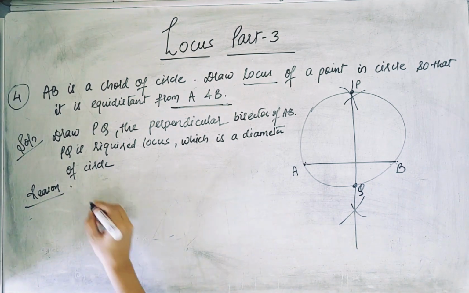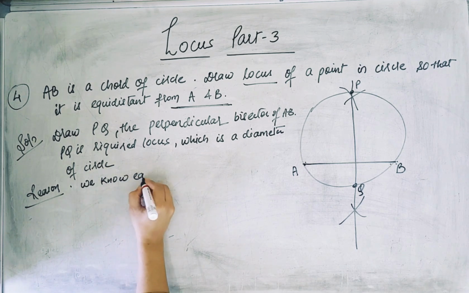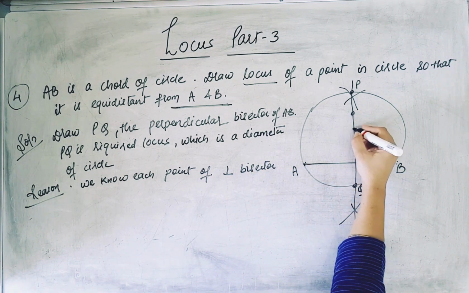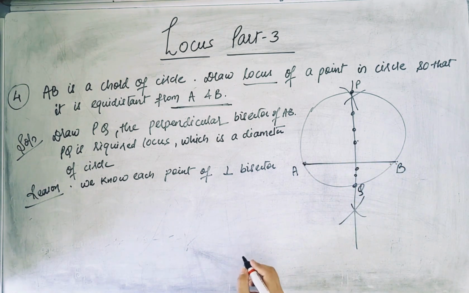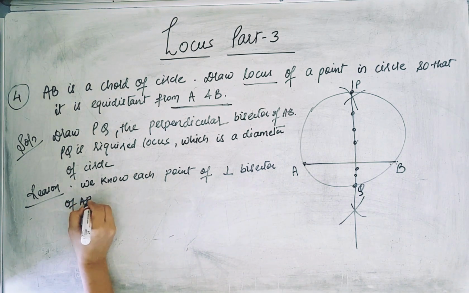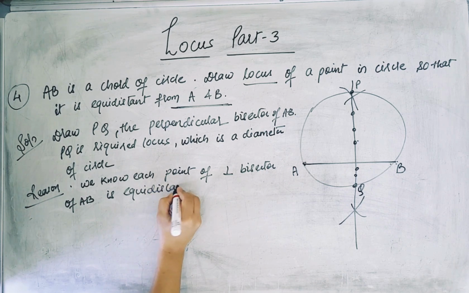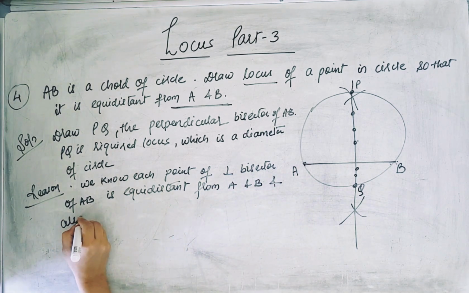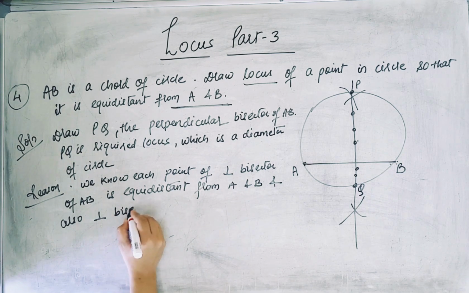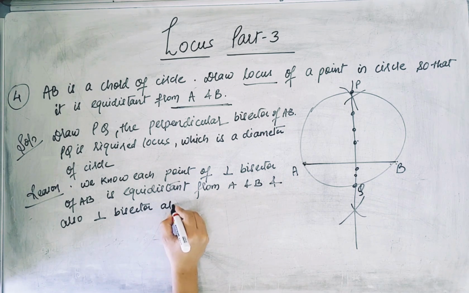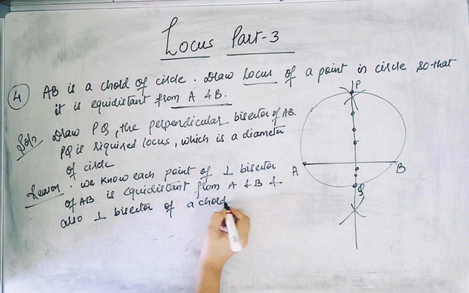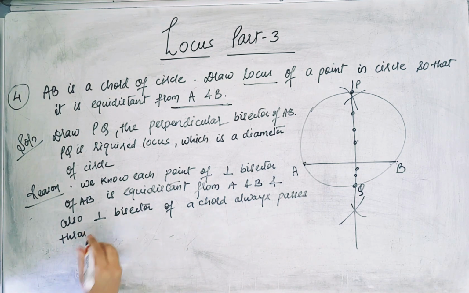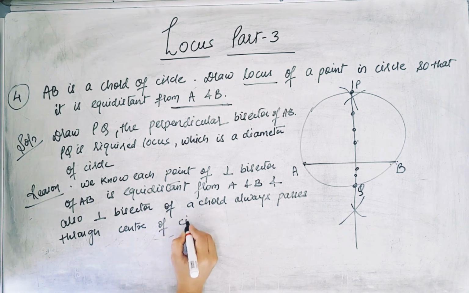What is the reason behind this? Because we know each point of the perpendicular bisector of AB is equidistant from A and B, and also we know the perpendicular bisector of a chord always passes through the center of the circle.